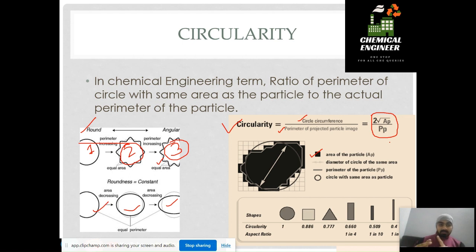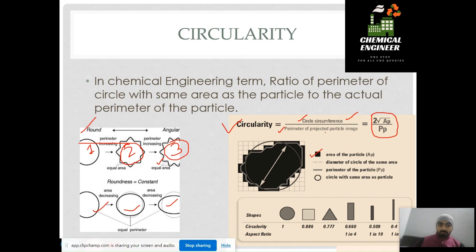Once you are done calculating the area, take area divided by pi and then take the root. The root of area divided by pi will give you the radius. You have to create a circle of that radius, and you will get the circumference of the circle, that is 2 pi r. Keep it on top of this.